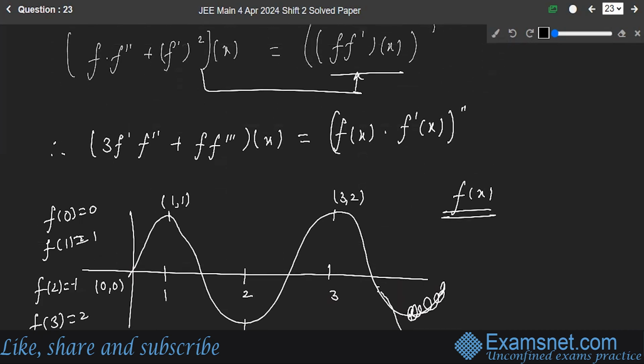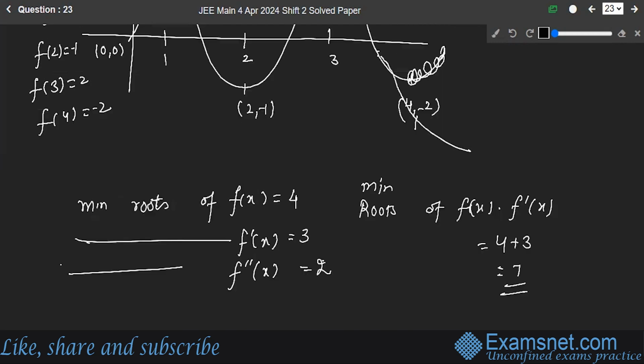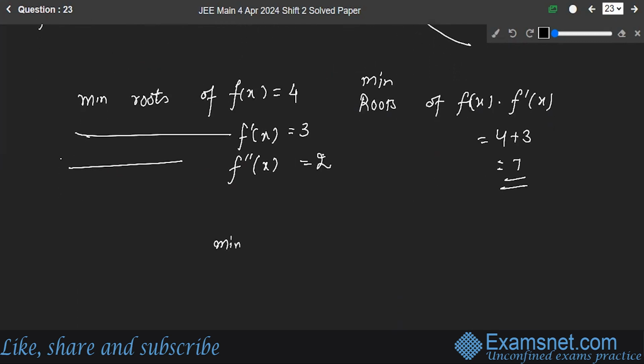What I am interested in is the roots of f x into f dash x. So the minimum roots of f x into f dash x is equal to 7, right? I will have to find out the second derivative of it. So the minimum roots for the second derivative of f x into f dash x will be 7 minus 2, 5.